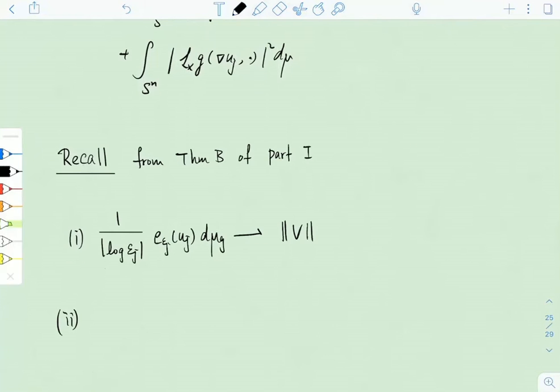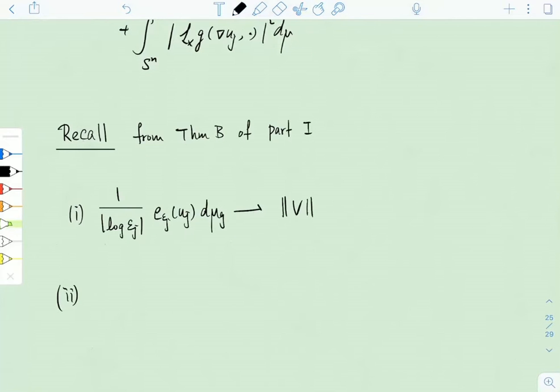And secondly, I didn't state this when I described theorem B, but it's true. It's one of the things you have to prove on your way to theorem B.